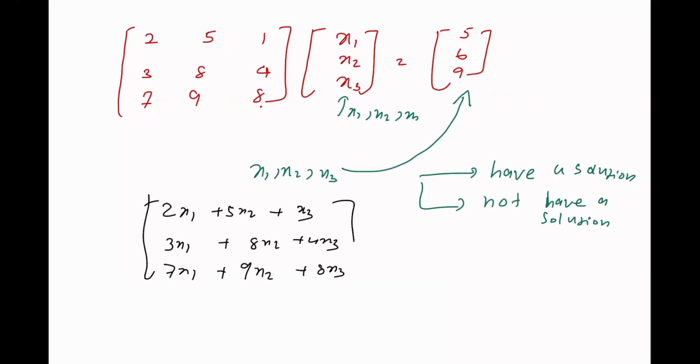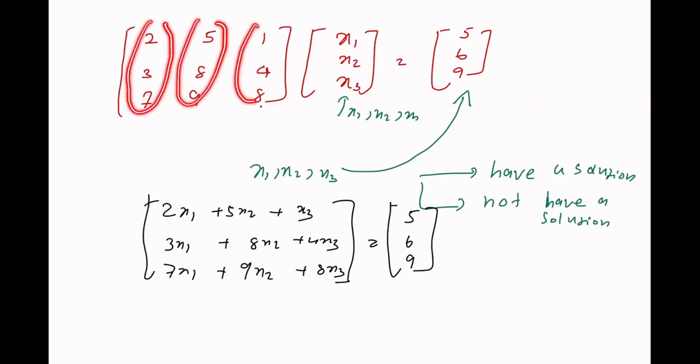It means if you take this vector, exactly, 5, 6, 9, and consider the vector space spanned by these three basis vectors, if that vector space contains this vector 5, 6, 9, this system has a solution.